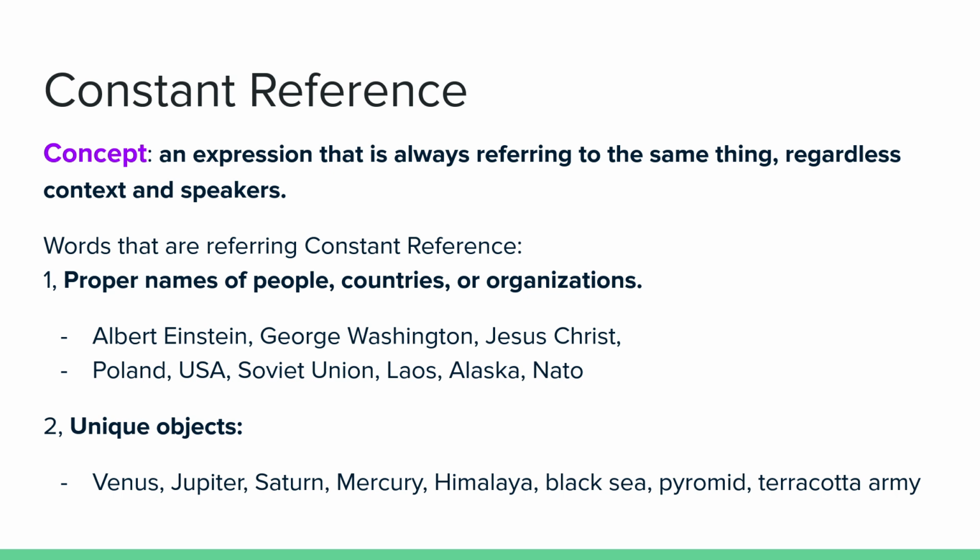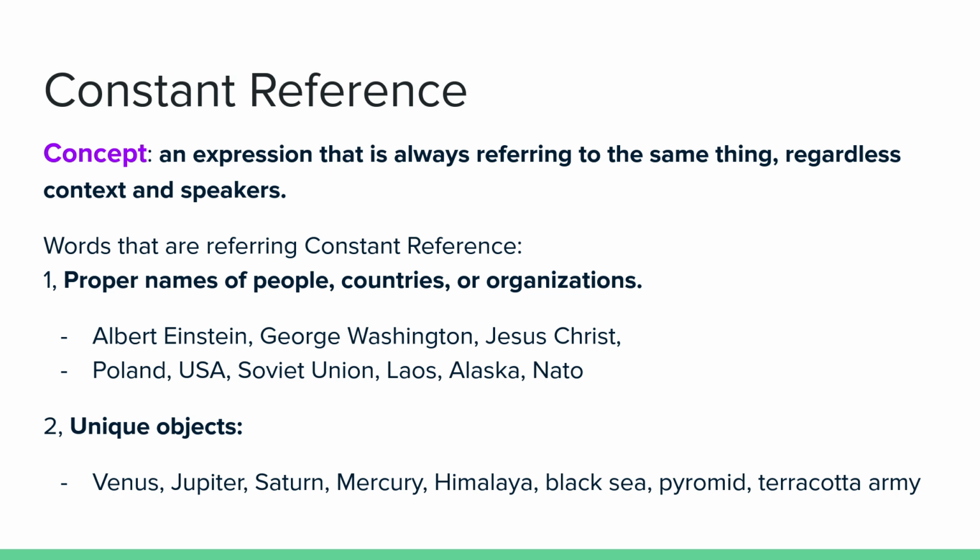So when those names are spoken by the speaker or to the listener, everybody can instantly refer to the same thing in their mind, no matter where they're speaking, who is speaking, and when they are speaking.